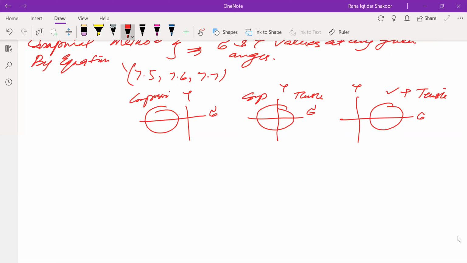So this all depends on what sort of sigma x and sigma y values you have in your problem. On the basis of this, you draw the circle and then go accordingly.